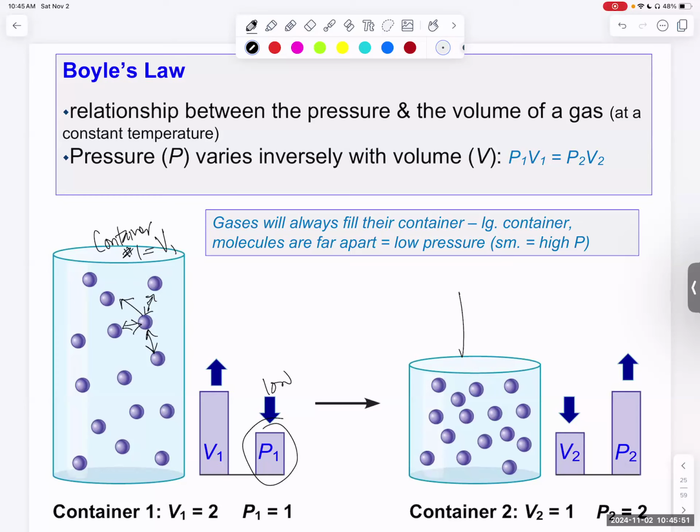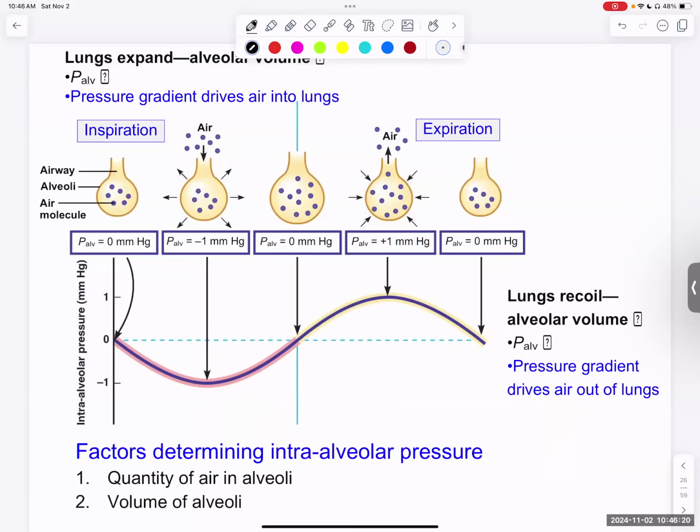If we make that container smaller, now we're forcing these gas molecules to be closer together. And that is going to increase the pressure because those gas molecules are bumping up against each other. And that is what pressure is. So this is this inverse relationship.